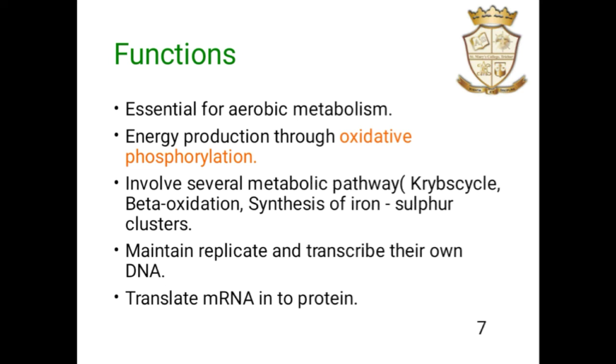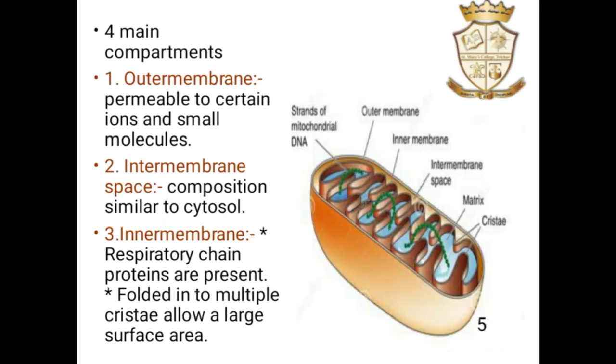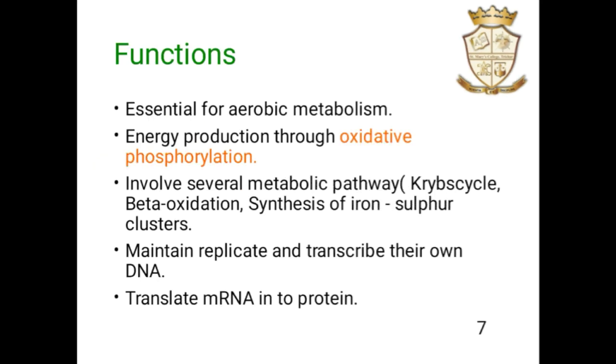Then it is involved in several metabolic pathways: Krebs cycle, beta oxidation, synthesis of iron-sulfur clusters, etc. It also maintains, replicates, and transcribes its own DNA. In the picture, the green colored part is the mitochondrial DNA. The mitochondrial DNA will replicate or transcribe. This process takes place in the mitochondria.